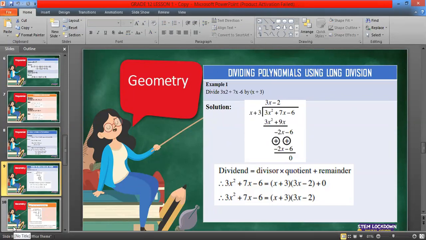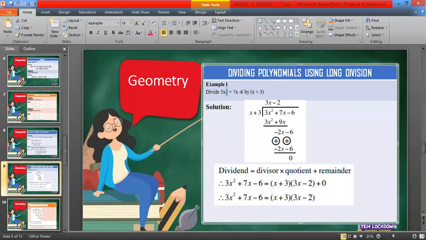For example, divide 3x squared plus 7x minus 6 by x plus 3. So how do we do that using long division?